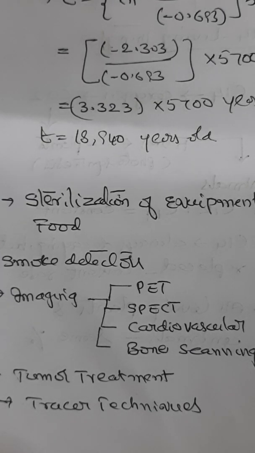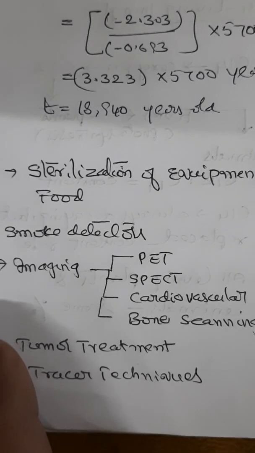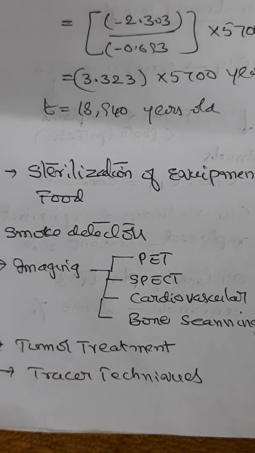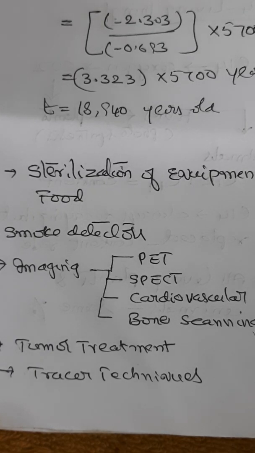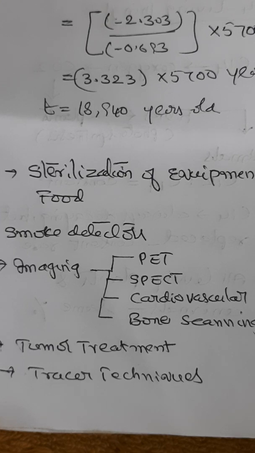And there are other tracer techniques. What is this concept called tracer techniques all about? The body absorbs various elements and does not discriminate between different isotopes. In the tracer technique, a radioactive isotope of such an element, for example iodine, which you take for thyroid examination, is used.